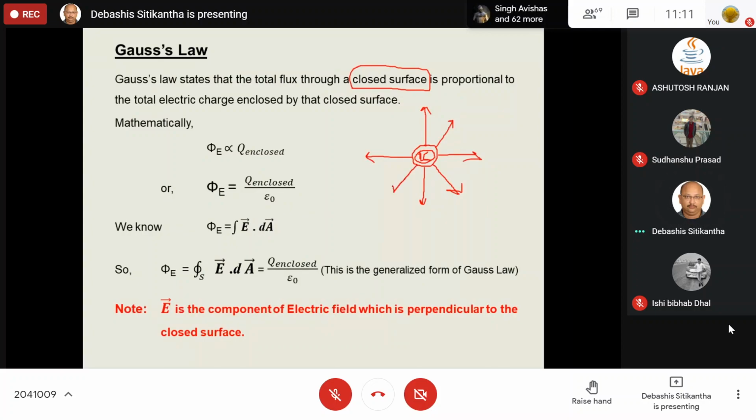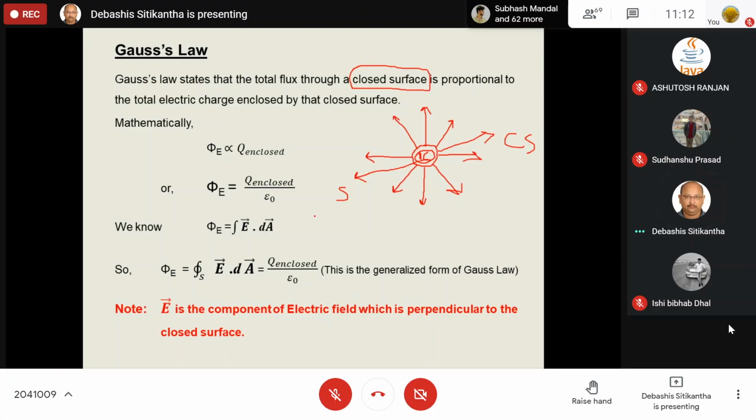Similarly, if the charge is 3 coulombs, the total number of electric field lines is going to be 12. So one thing is very clear: the electric flux is directly proportional to the charge enclosed by the closed surface. This is your closed surface, and the one inside it is the source of the electric field.